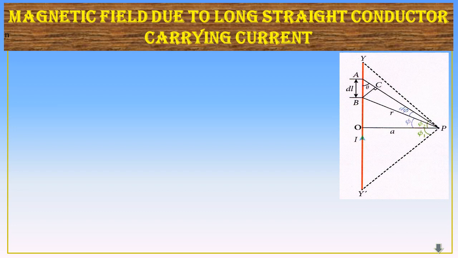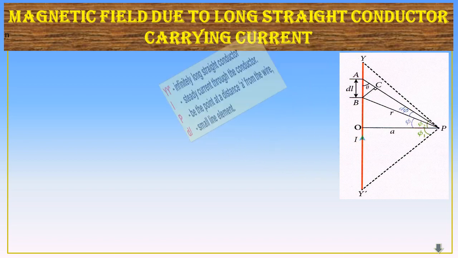Let YY' be an infinitely long straight conductor and I be the steady current through this conductor. Consider YY' as a long straight conductor with a current I passing through it.